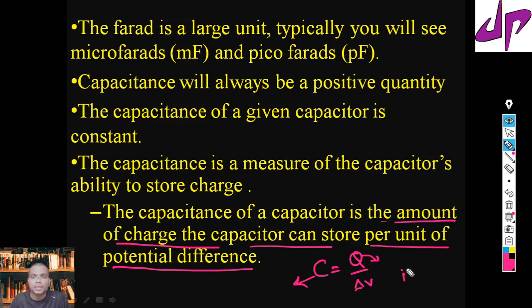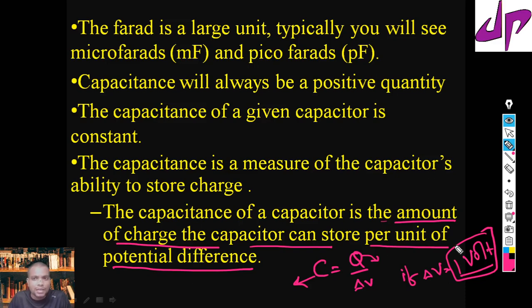Suppose delta V is equal to 1 volt, that is the unit. For a potential difference of 1 volt, how much charge can be stored is defined as the capacitance of a capacitor.